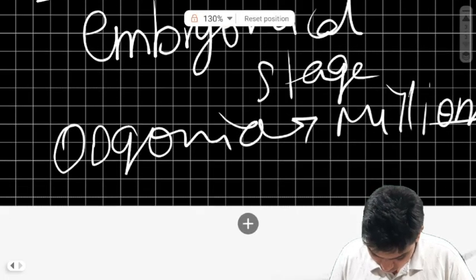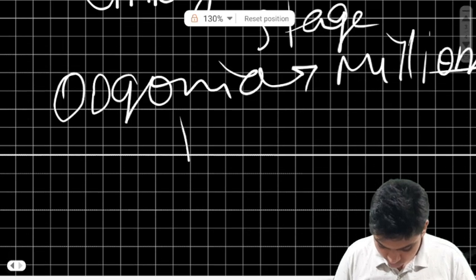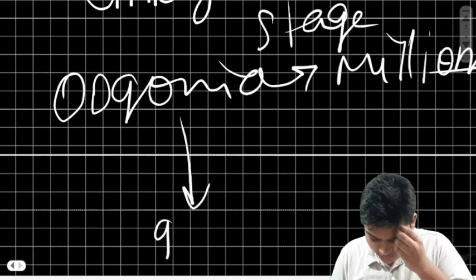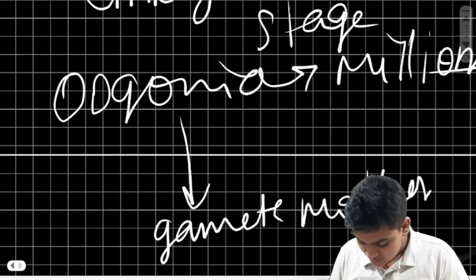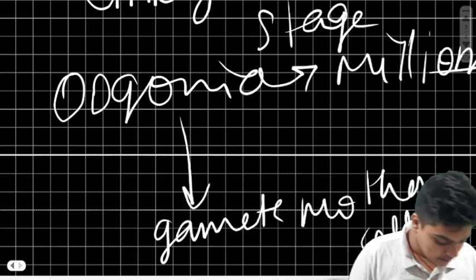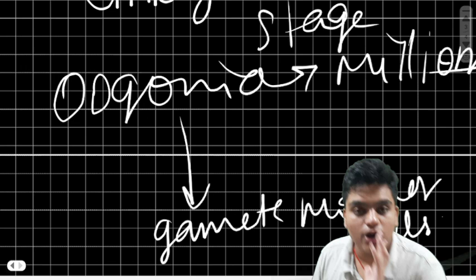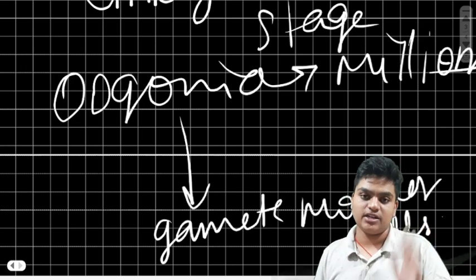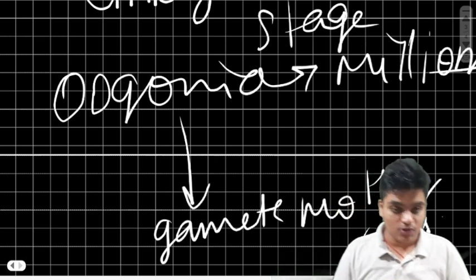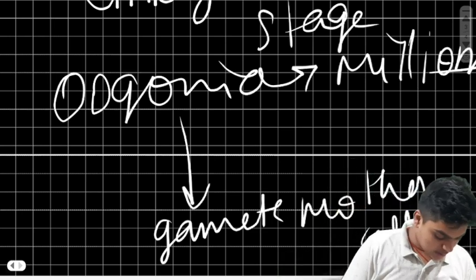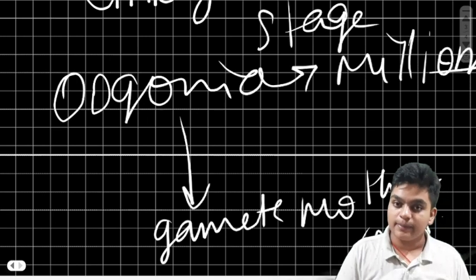They are in millions during the embryonic development stages. But by the time the fetus reaches puberty, there are only 60 to 80,000 remaining.